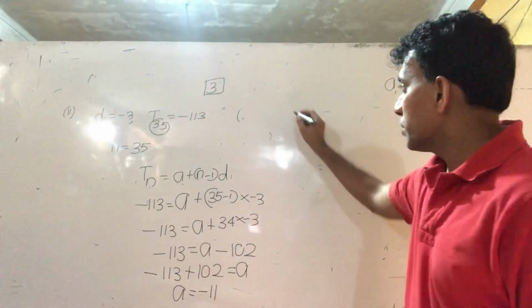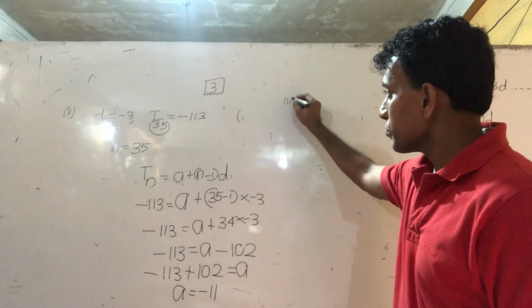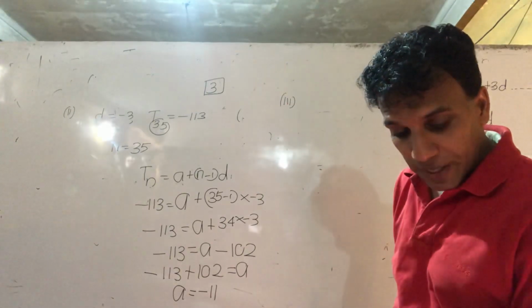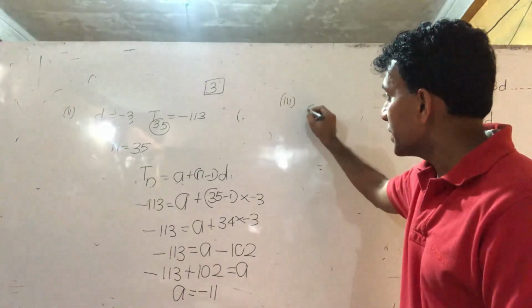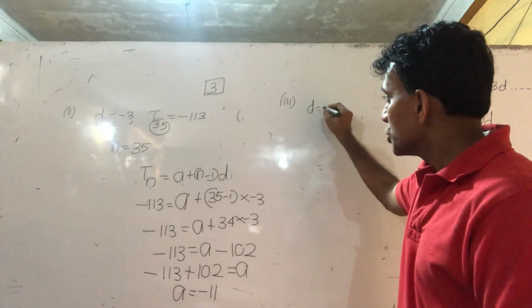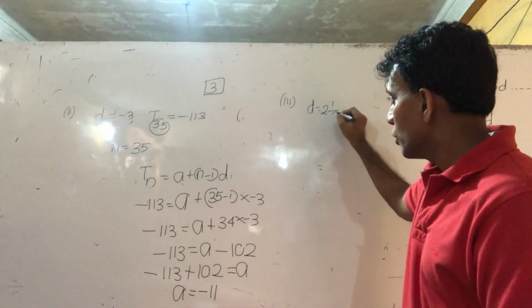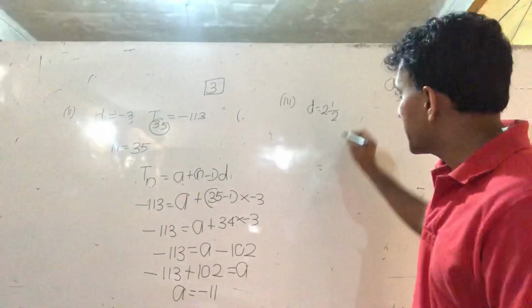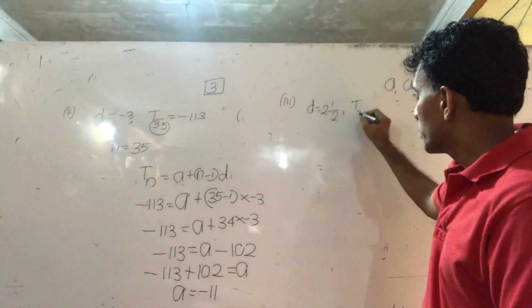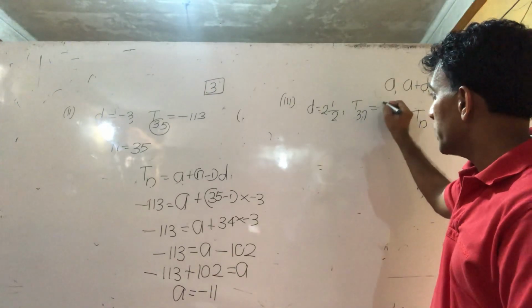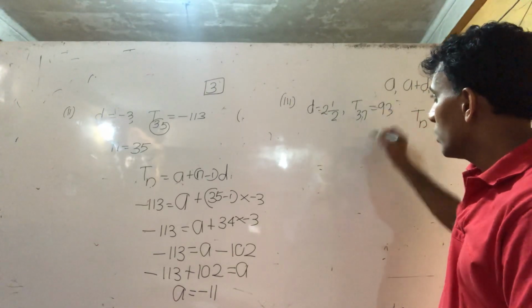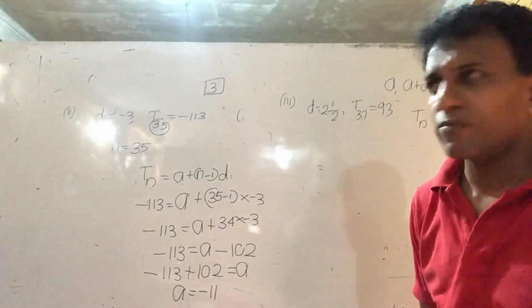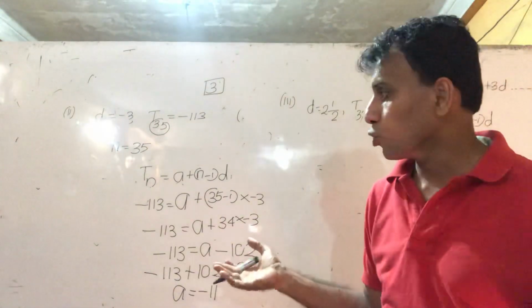See problem number 3. In an arithmetic series, common difference is 2.5, right? The 37th term is 93. So find the first term. You can work it now. I have shown 2 problems.